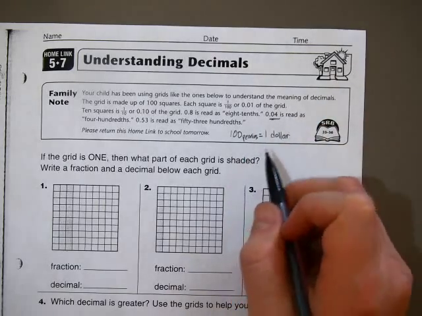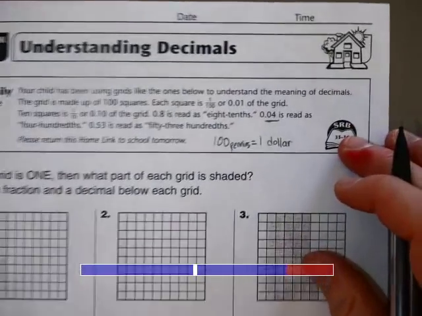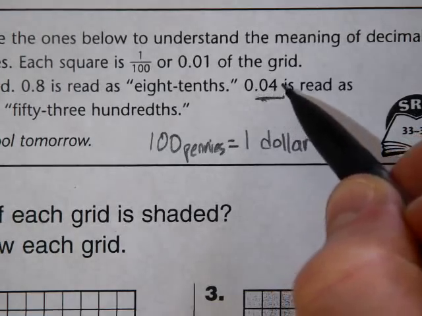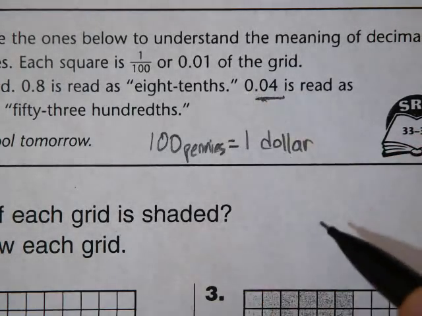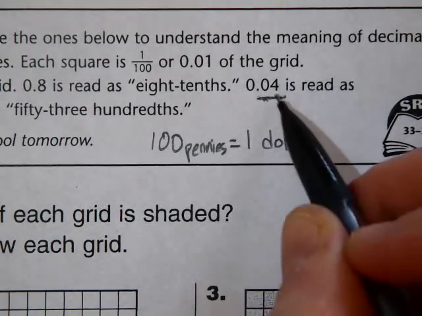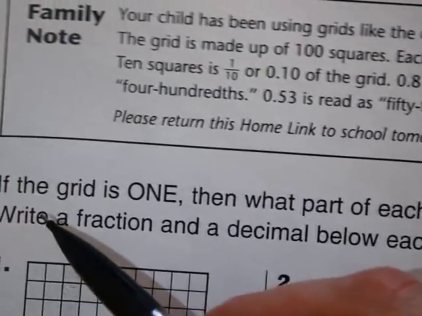And so students are familiar with dollar and cents notation, where they have seen it written as $0.04 before, with a dollar sign in front of it. So this is like the pennies, or 4/100ths of a dollar.